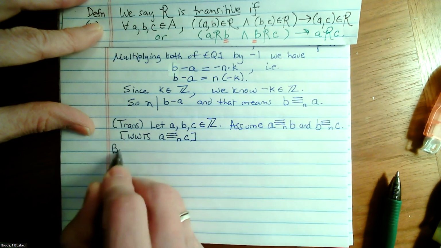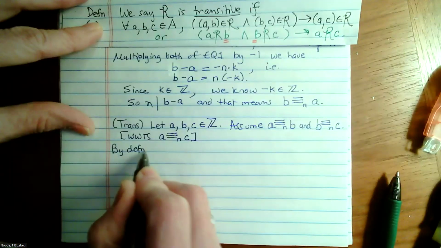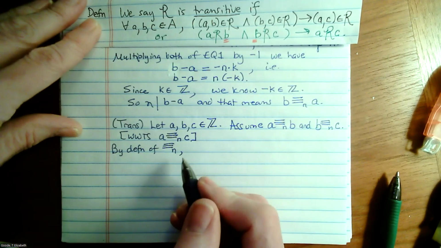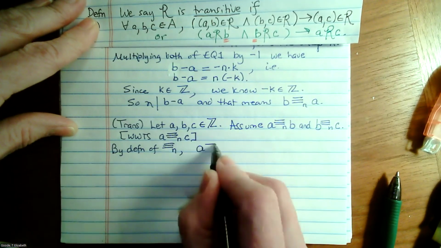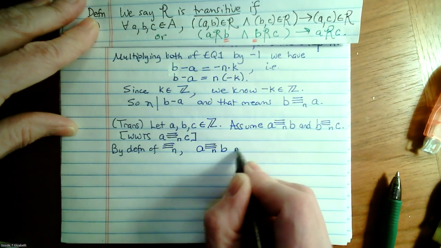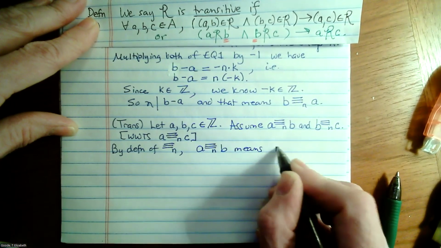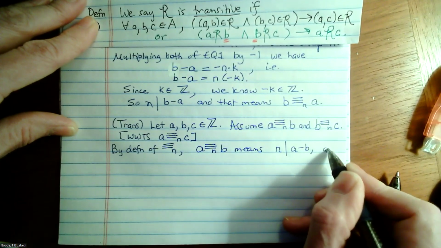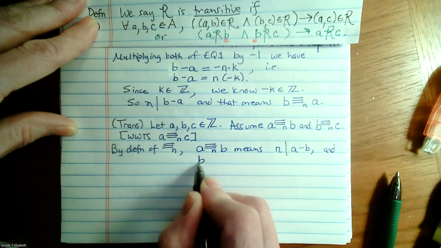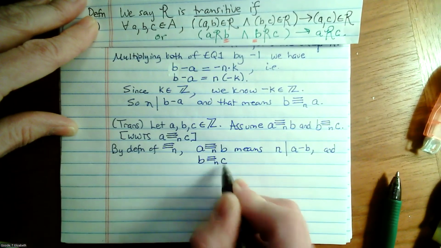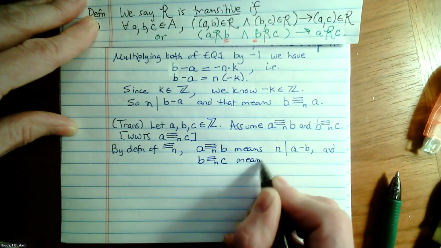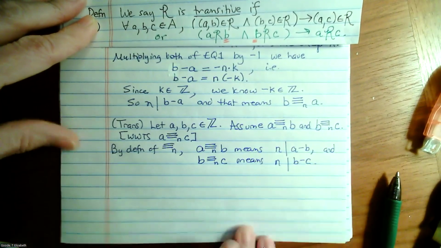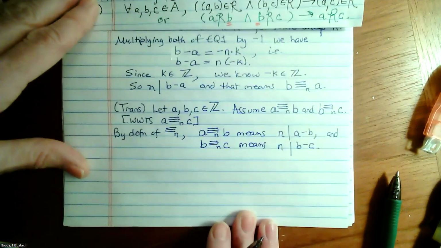So again, by definition of congruence mod N, A congruent mod N to B means N divides A minus B. And B congruent mod N to C means N divides B minus C. That's just the definition of congruence mod N twice.